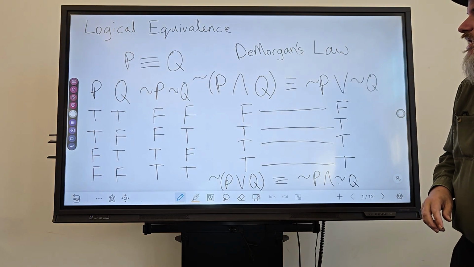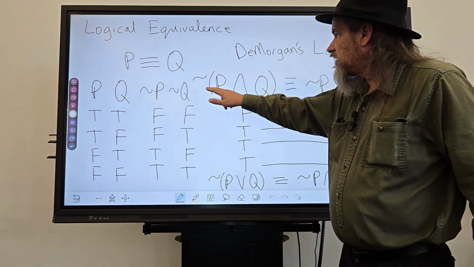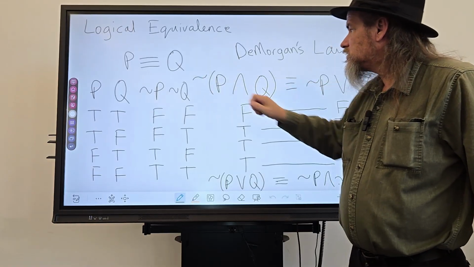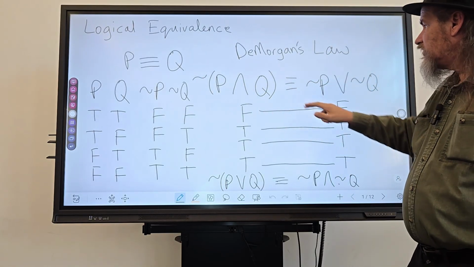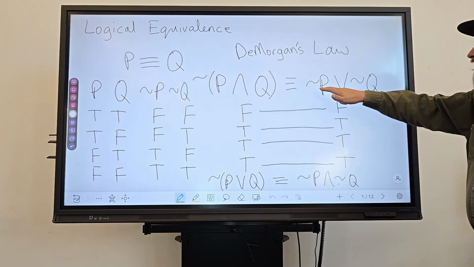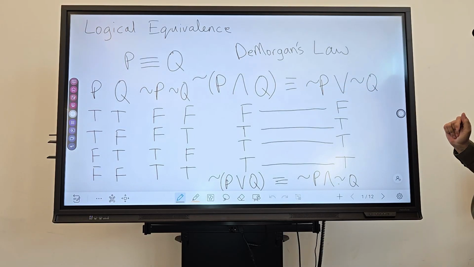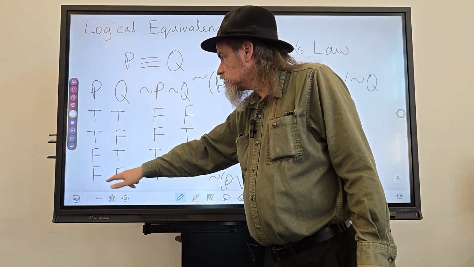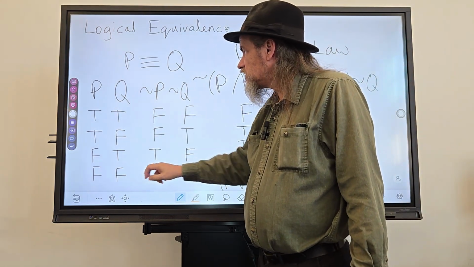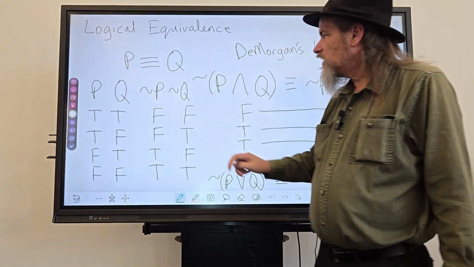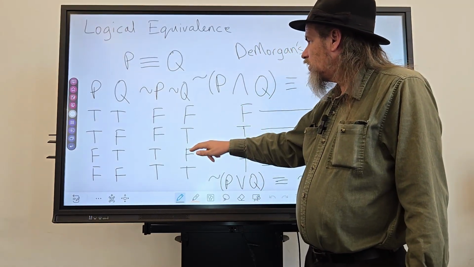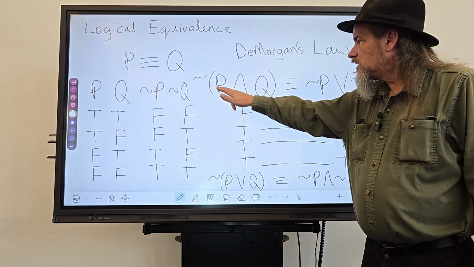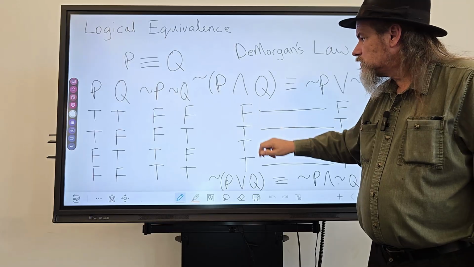So, the statement P and Q inverted, is it equivalent to the inverse of P or the inverse of Q? Well, you do out the truth table, all your combinations of inputs, then your different components, and then you say P and Q inverted.